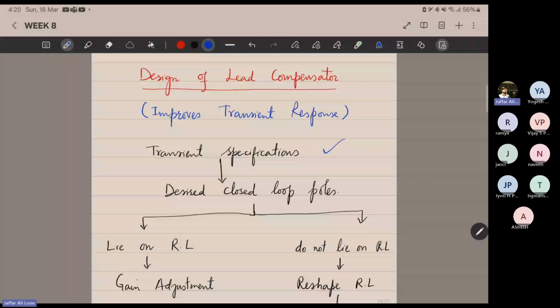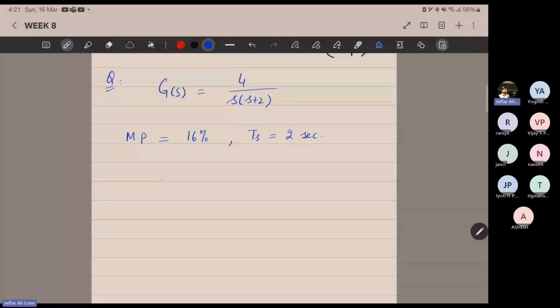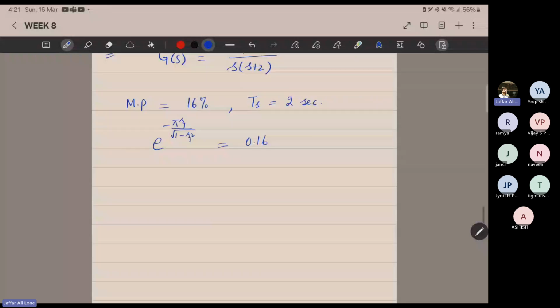So now let's proceed to find the desired closed loop poles. We are given overshoot as 16%. It means e to the power minus pi zeta under root of 1 minus zeta square is equal to 0.16. If anybody is having any difficulty in solving for this zeta, let's solve it step by step.